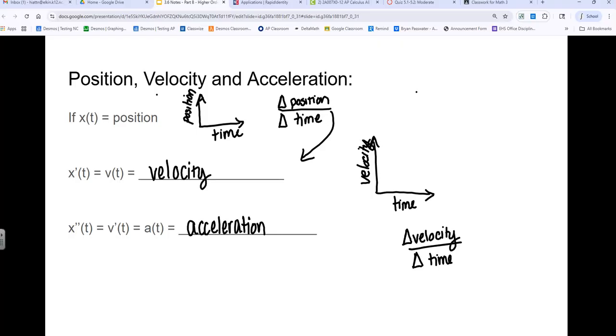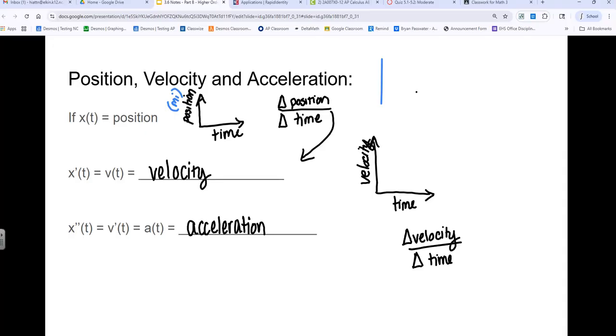Let's look at units real quick too, because those are important. If I'm measuring position, I'm going to pick a unit just so we have one to work with. It is distance. What is your favorite way to measure distance? As a good American will say, miles.